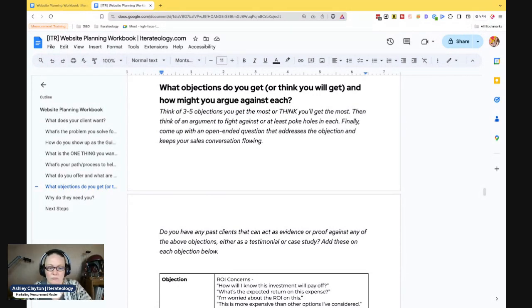And a large part of that is understanding what objections you're going to get and how those might occur. If you don't know, mine is a mixture of actual conversations I've had, conversations I've been on the client side of with outside vendors for some of the corporate jobs that I've done, as well as a mix of some ideas from ChatGPT, because again, ChatGPT is not going to give you all of the answers.